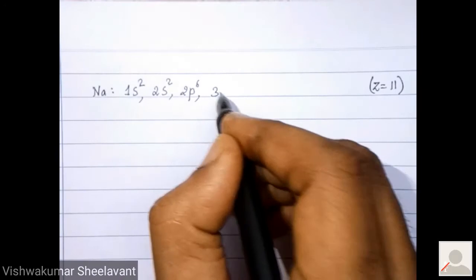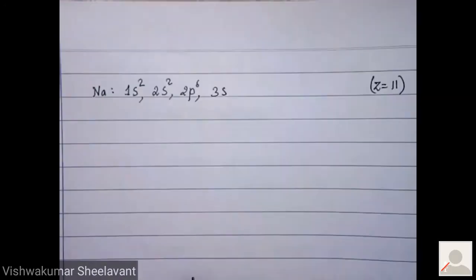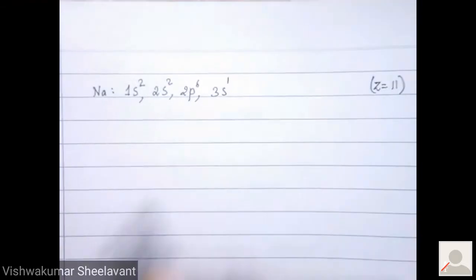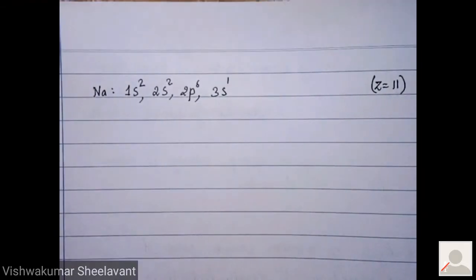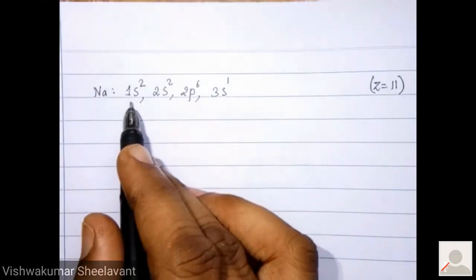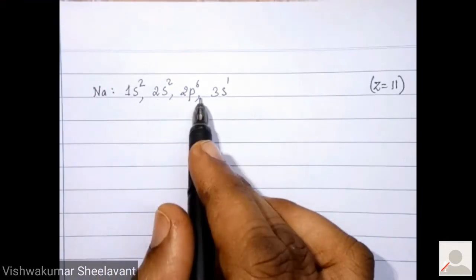Now I have to write here 3s1. 10 plus 1 is 11. So K shell, L shell, M shell.